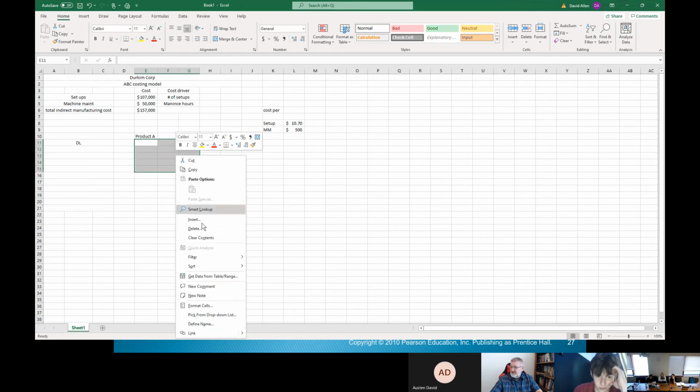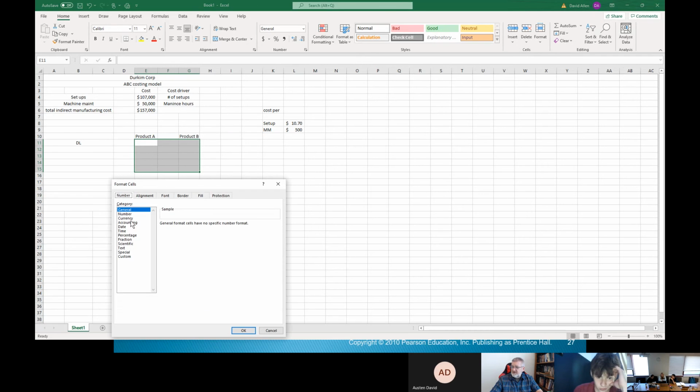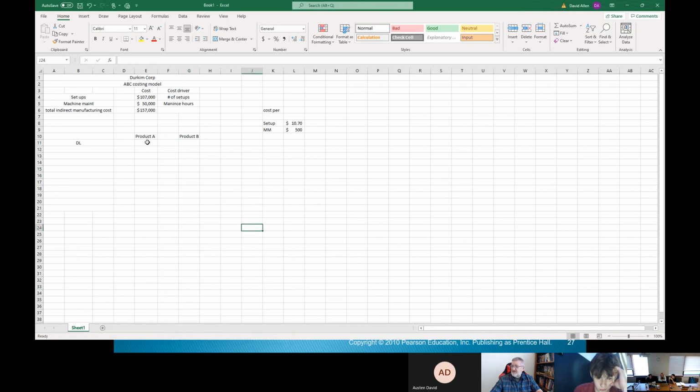I'm going to make it easier for me so I'm not having to hit the dollar sign and everything. I know these are all going to be dollar amounts, so I'm going to click and tell it I want accounting, no decimals. It's got the dollar sign symbol. So we know this is 7,000, because the story problem tells us what that is.